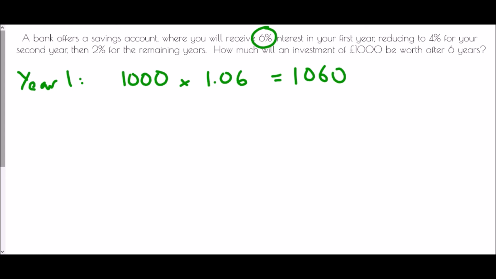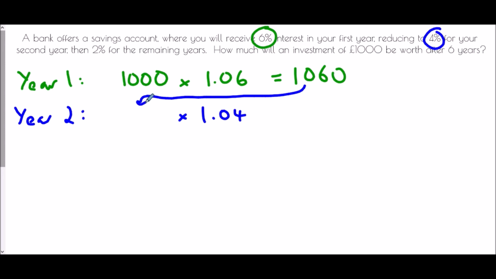At the end of year 2, you only get 4% interest. So at the end of year 2, you are going to receive 1.04 as your multiplier. But it's important here that this 1,060 is your new starting value, because that is what was in the account at the start of year 2.